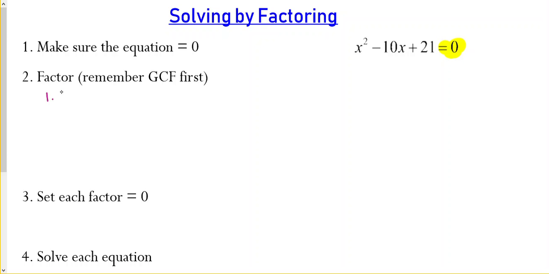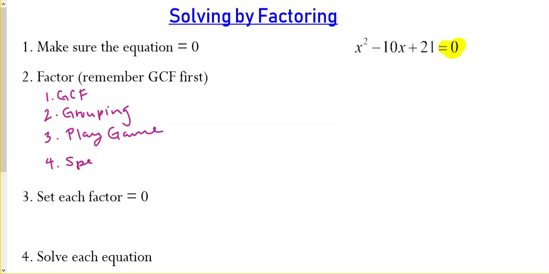The first one was our GCF. The second one was by grouping. The third one was when we play the game. And the fourth one was our special cases.